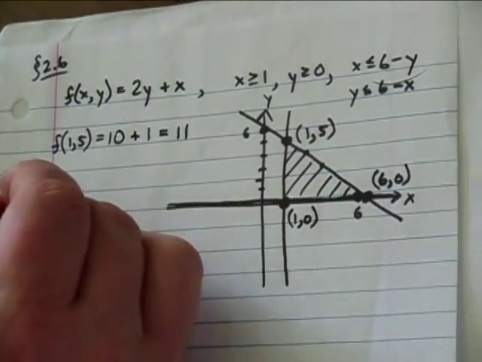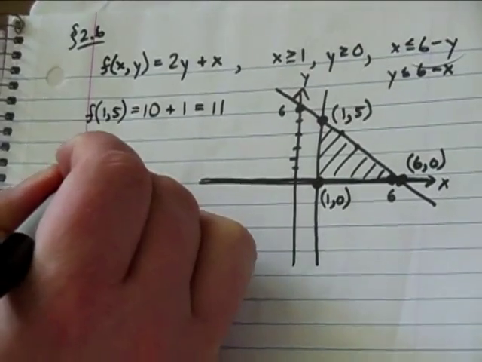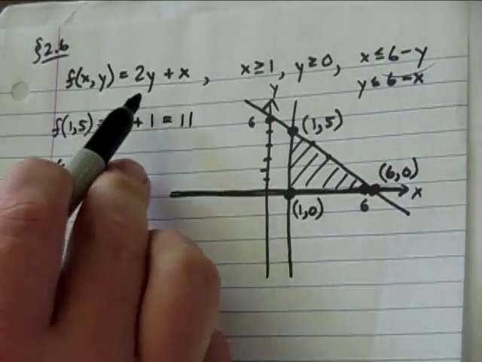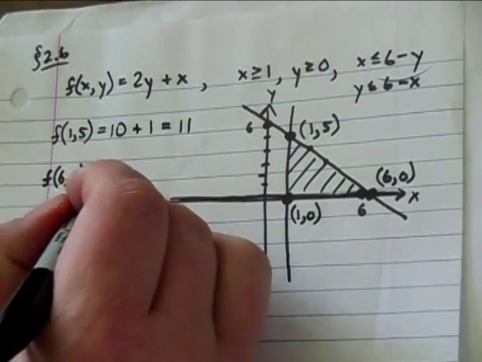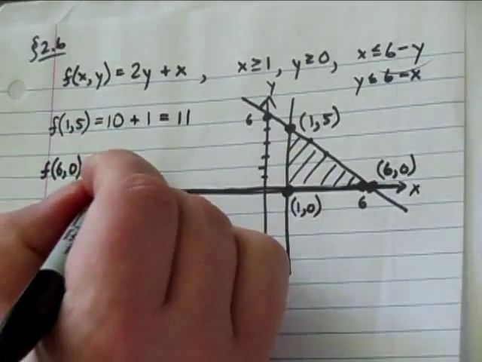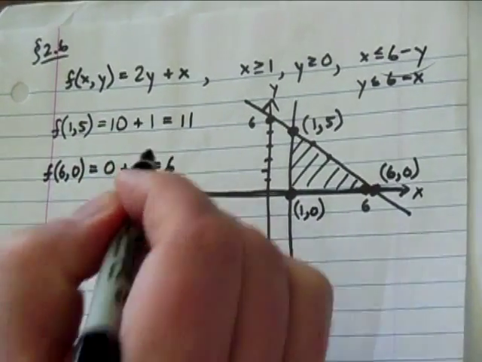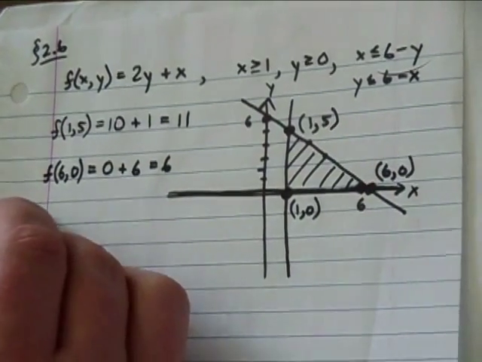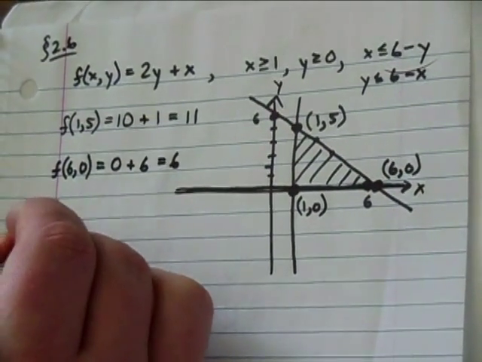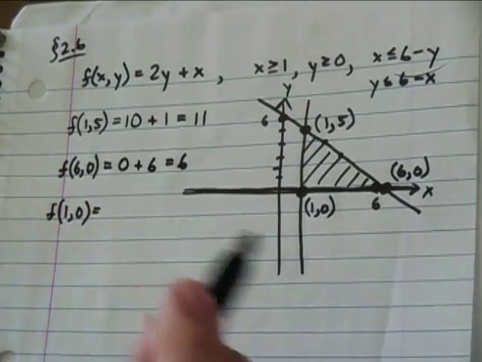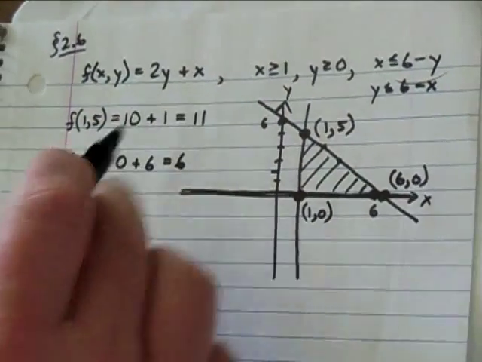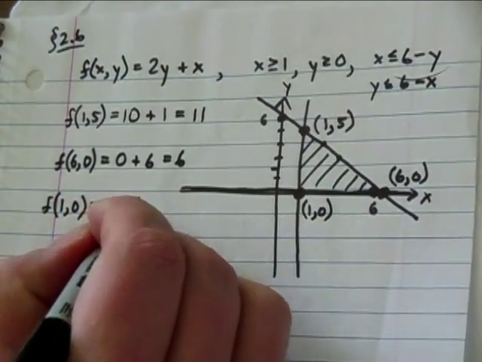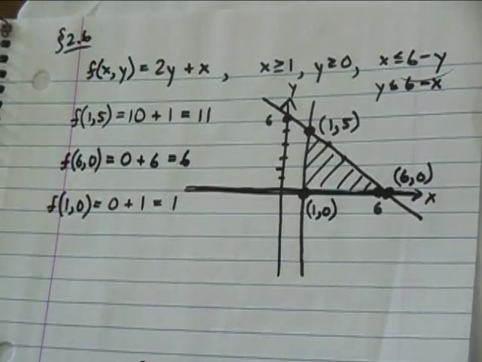If I plug in (6, 0), I've got f(6, 0), so I'm plugging 0 in for y, so 2 times 0 is 0, and I'm plugging 6 in for x, so I end up with a function value of 6. And then finally, f(1, 0), I'm plugging 1 in for x, 0 in for y, so I've got 0 plus 1, which is equal to 1.